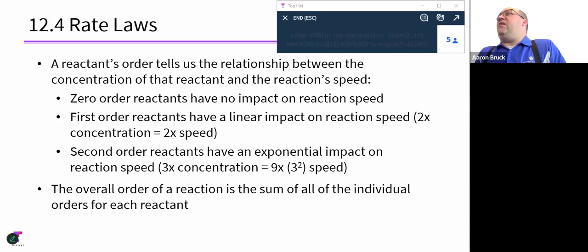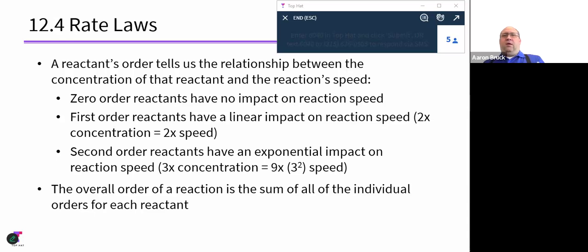If I quadruple it, it's going to go 16 times faster, 4 squared. If I cut the concentration in half, it's going to go 1/4 of the speed, 4 times slower. So second order reactants have the greatest impact.